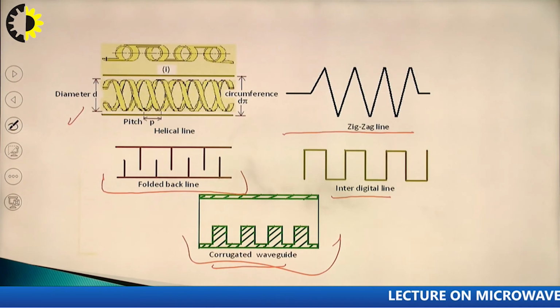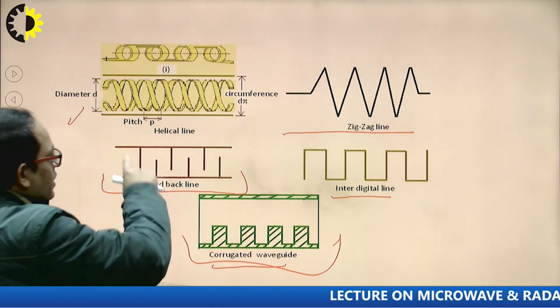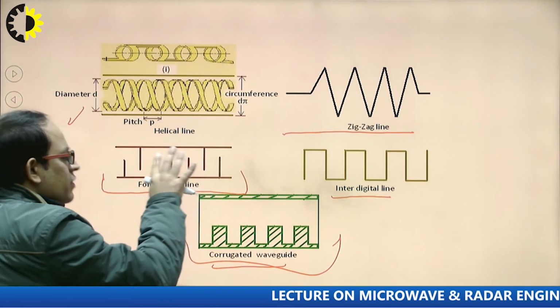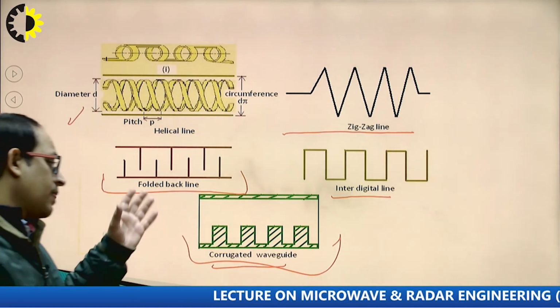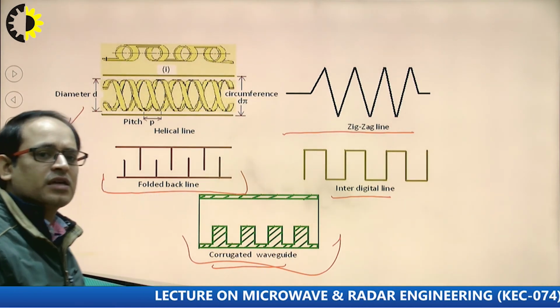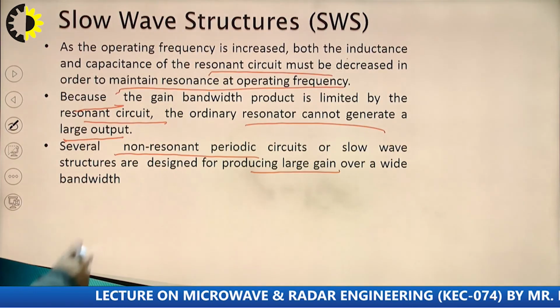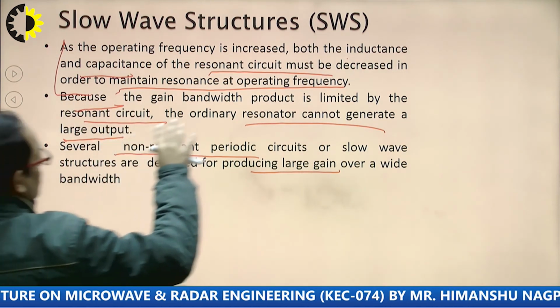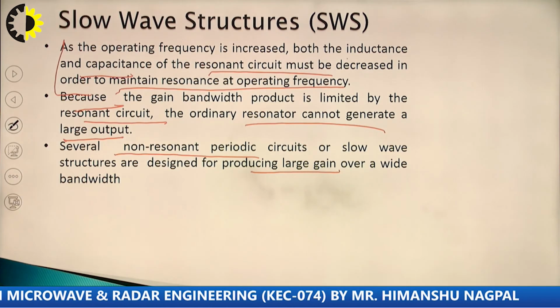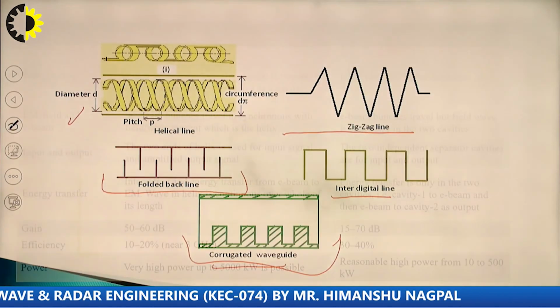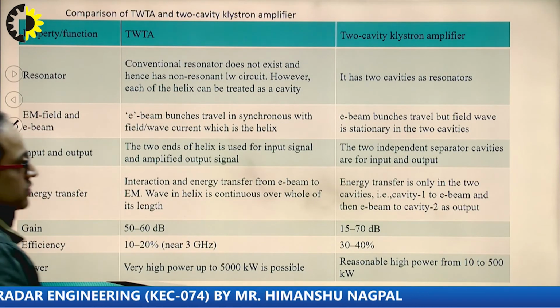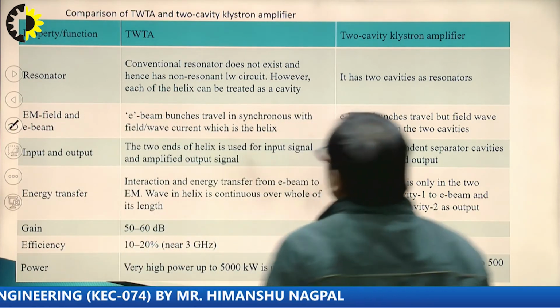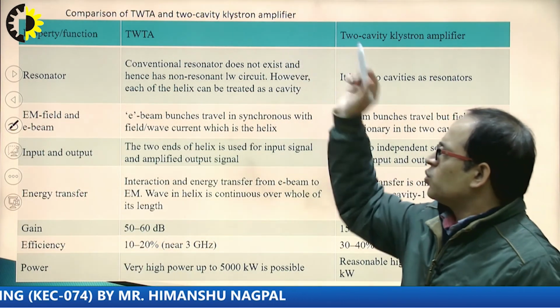Clear? The equivalent circuit of these slow wave structures is in the form of inductance and capacitance. That's why we talked about inductance and capacitance of resonant and non-resonant circuits.